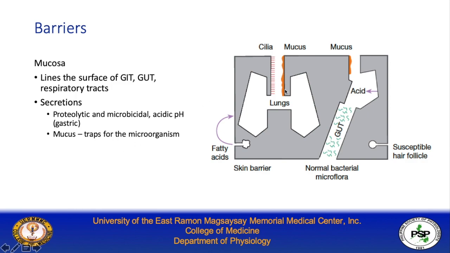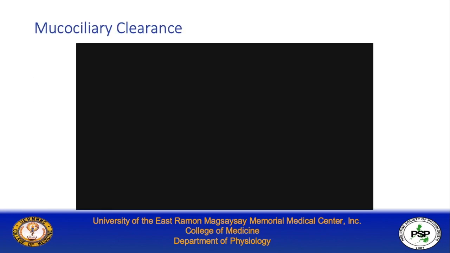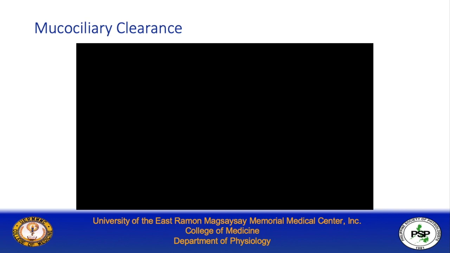For the gastrointestinal tract, in the esophagus, we also have mucus. One example of how these factors work as a protection would be the mucociliary clearance. I will give you the link for this video.